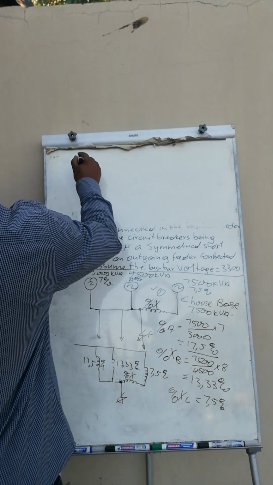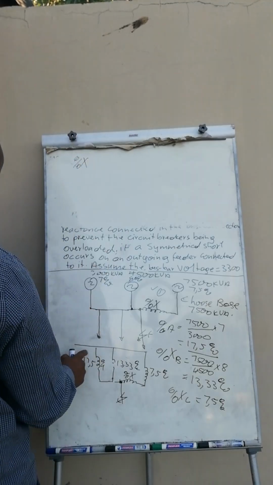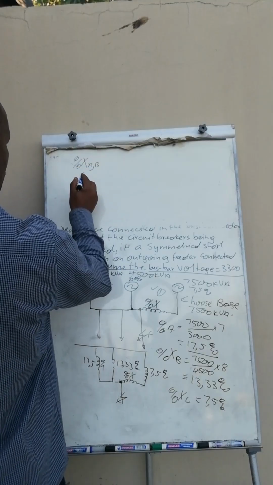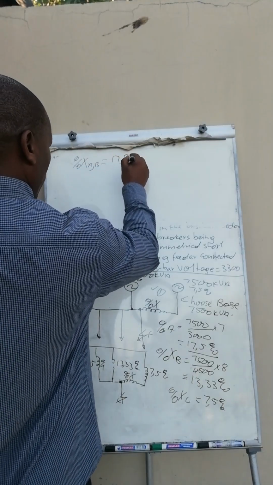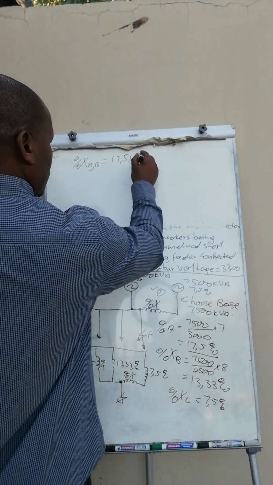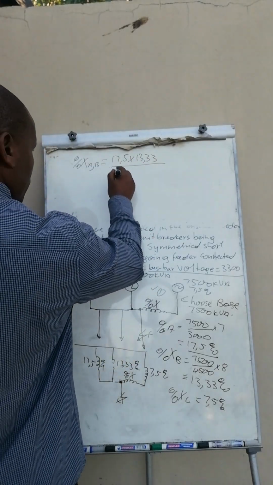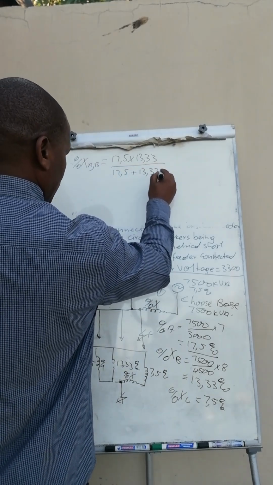So it's gonna be percentage X AB. AB is equal to 17.5 multiplied by 13.33, divided by 17.5 plus 13.33.